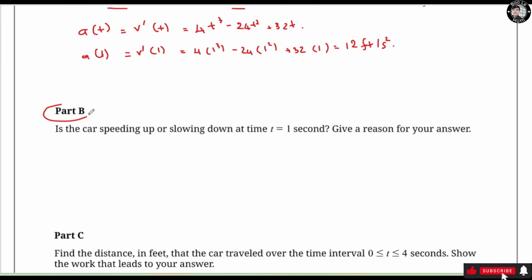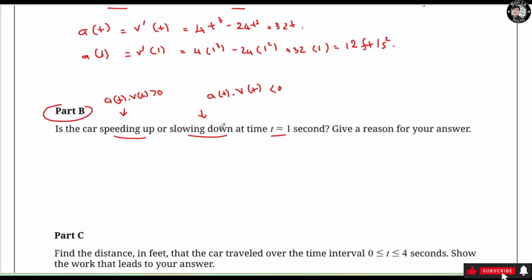Now question B. Is the car speeding up or slowing down at time t equals 1 second? Alright, so speeding up if at time t, a(t) times v(t) is greater than 0. In other words, a(t) and v(t) have the same sign. Slowing down if a(t) times v(t) is less than 0.